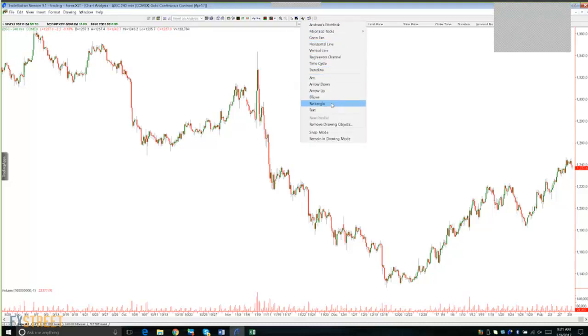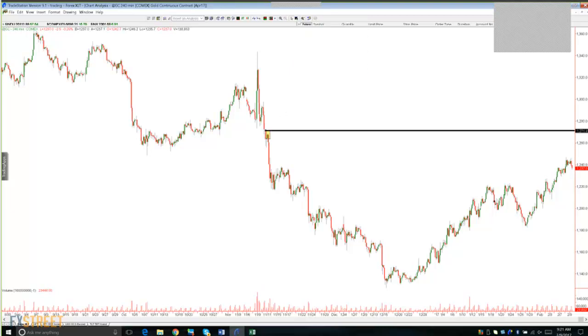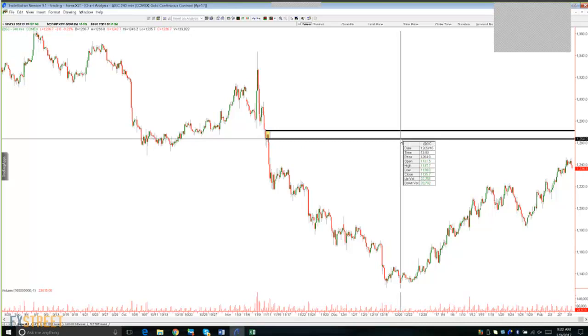This is a nice level. So you're not that far away. I don't think it's going to get there today, but that looks like a pretty good level.